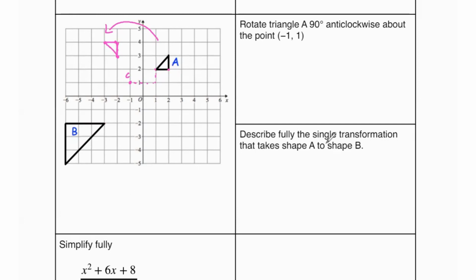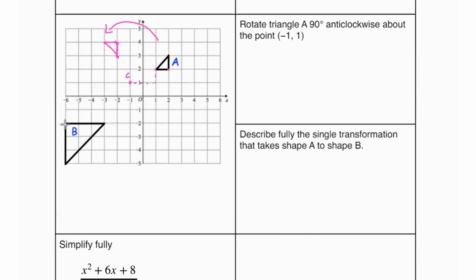Now it says describe fully the single transformation that takes shape A to shape B. If you look at shape A and shape B, we can clearly see that there's an enlargement.